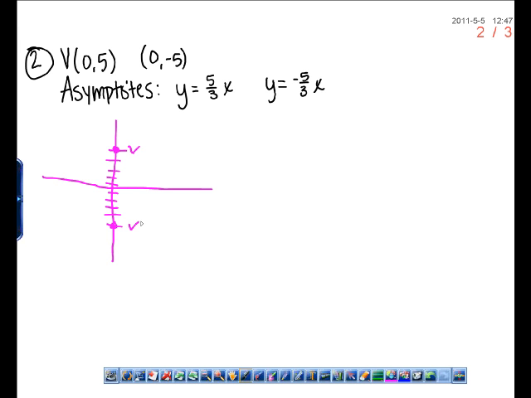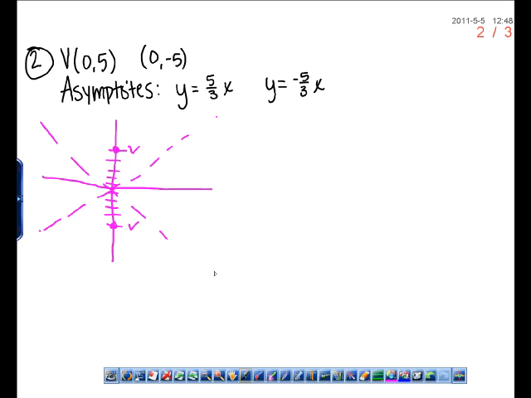Our asymptotes are y equals 5/3 x and y equals negative 5/3 x. What does that tell me about where they cross this graph? It has to go through 0, 0. There's no y-intercept. So if I go through my origin, I'm approximating, obviously. Okay, there are my two asymptotes.